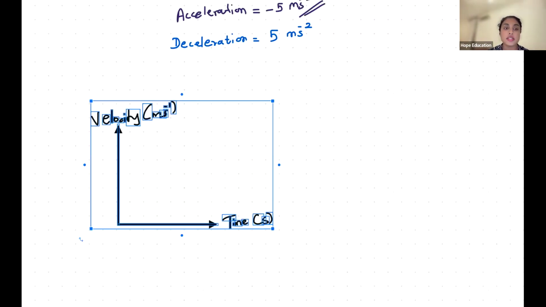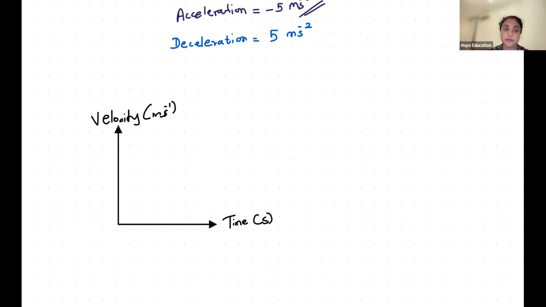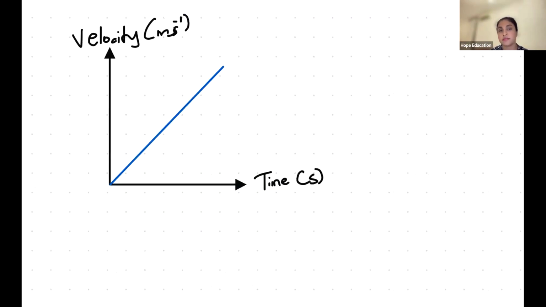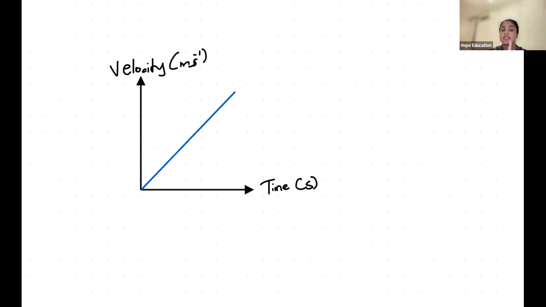So in a velocity time graph, if you get a shape like this, what does it mean? What can you say about the object? If the shape is something like this, what has happened? You can see with the time the velocity has increased.